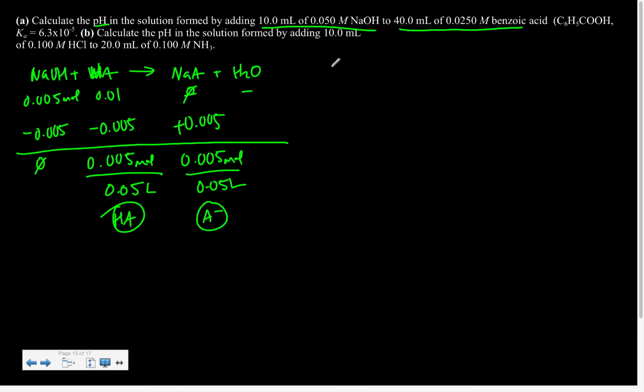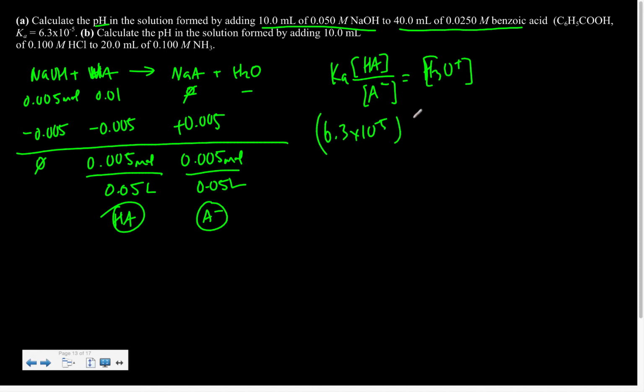Wherein we have our Ka times my HA over my A minus is equal to my H3O plus, right? So I know that Ka is 6.3 times 10 to the negative fifth, and I know that my HA is going to be 0.005 over 0.05 M, and this is going to be 0.005 over 0.05.